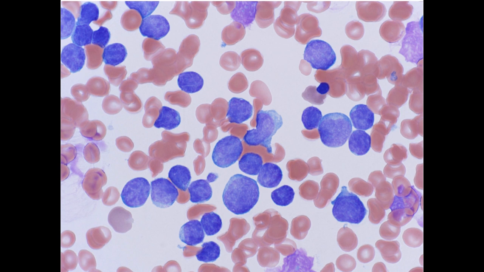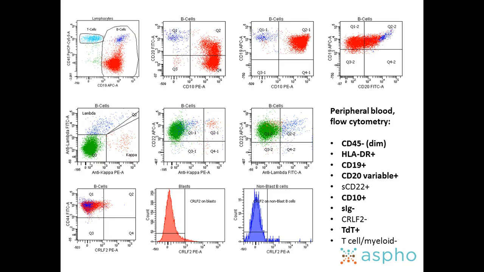They have immature appearing chromatin with some degree of coarseness, not particularly prominent nucleoli, and relatively scant cytoplasm, and they're somewhat variable in size. So I think you should recognize this as the morphology of lymphoblastic leukemia. Here, if you go to the flow plots, you can see that these are CD19 positive cells that are very dim for CD45.